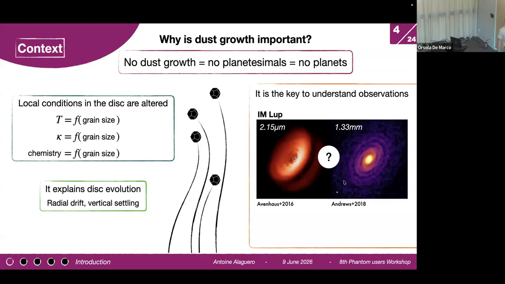Dust growth can explain the disk evolution through radial drift and vertical settling, and it is also key to understanding multi-wavelength observations. For example, here of the same system, in the infrared you trace the tiny dust grains close to the disk surface, and here in the millimeter you trace bigger grains that are located.